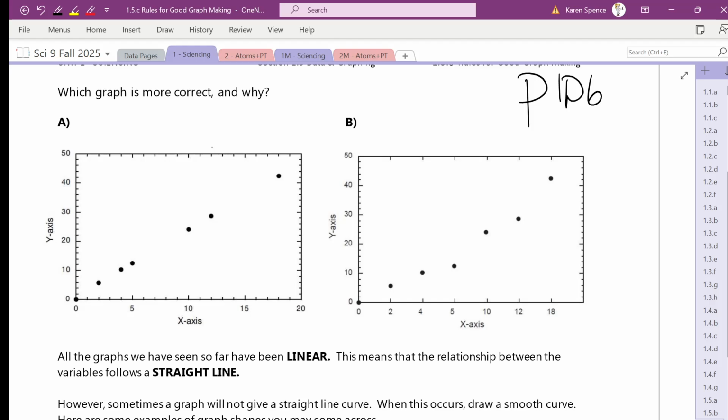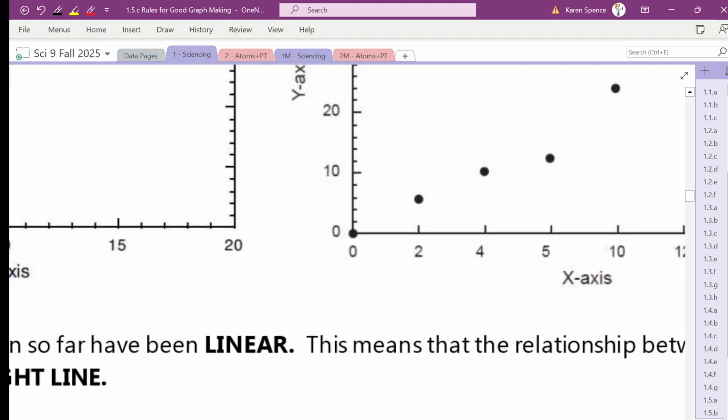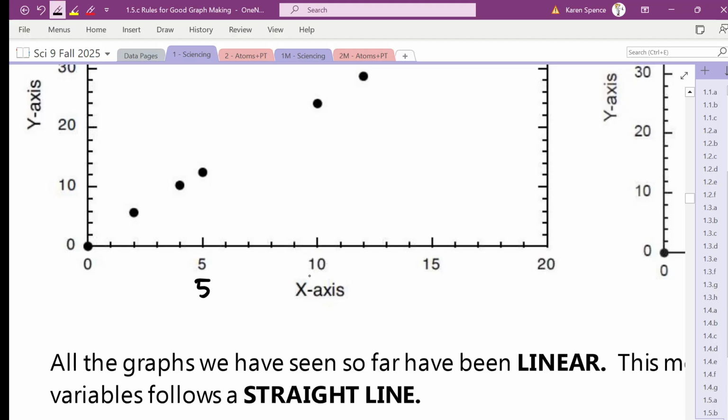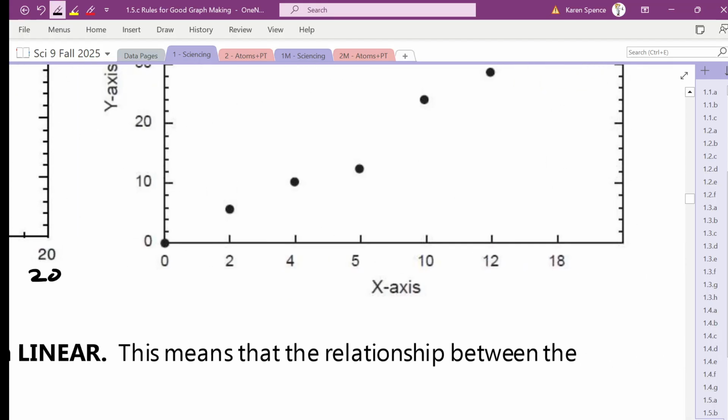Okay. Which one did we like better? A, because we go up by 5, 10, 15, 20. That's some nice skip counting. Whereas this goes up by 2, it goes up by 2. This one goes up by 1. This one goes up by 5.